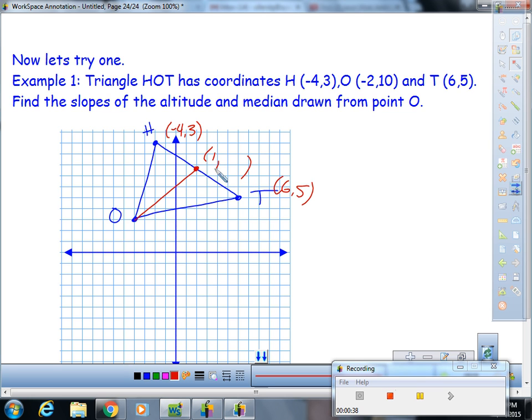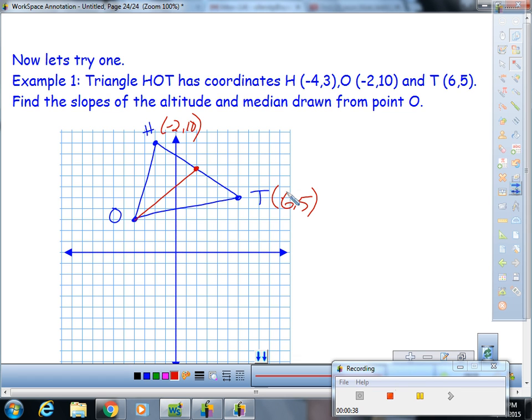And the average of 5 and 3 is 4. What have I done wrong here? No, that's completely wrong. Sorry. 6, 5 and negative 2, 10. That's better.